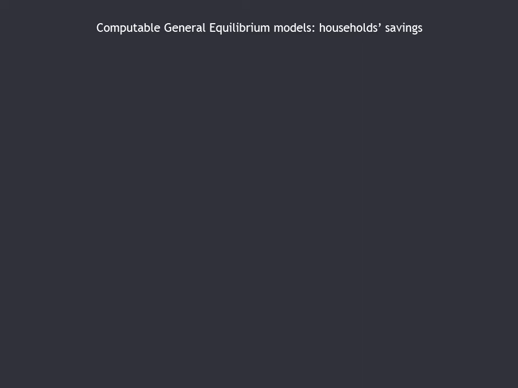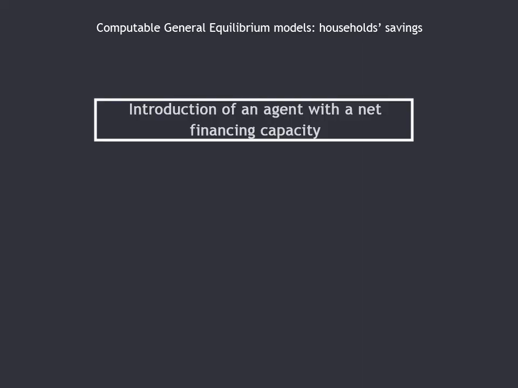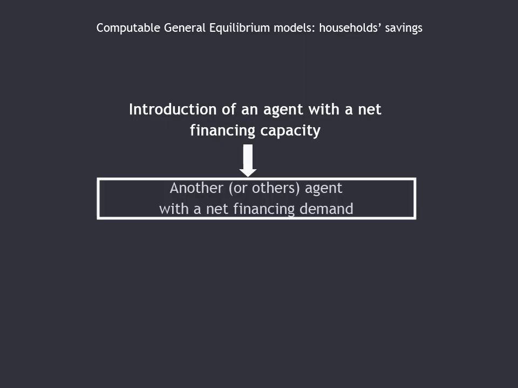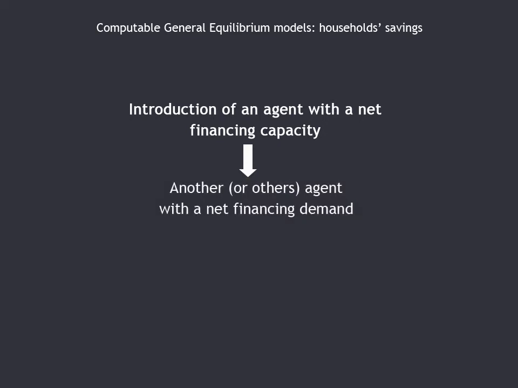However, in the model that we have designed, the introduction of household saving will imply another major modification, which is the fact that we have an agent with a net financing capacity. So, as we are in general equilibrium, it means that we have another agent, or several agents globally, with a net financing demand.